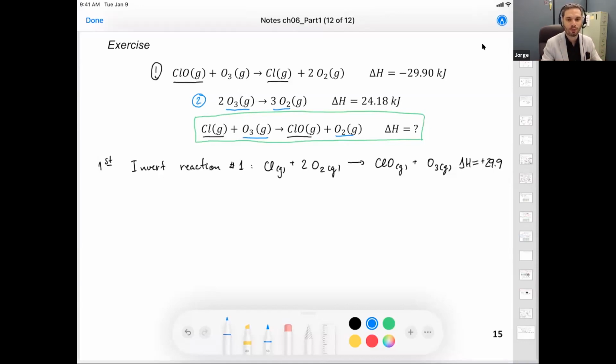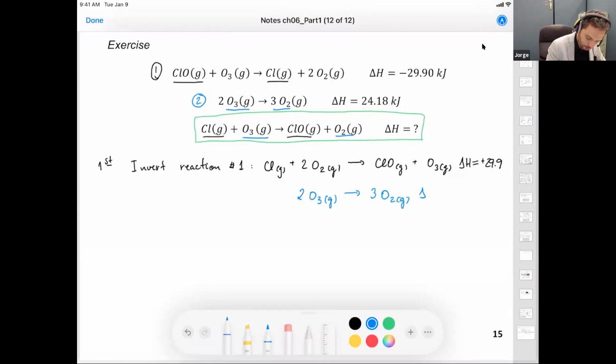We just rewrite it as it is. So we are going to have here 2 moles of ozone gas producing 3 moles of oxygen gas.